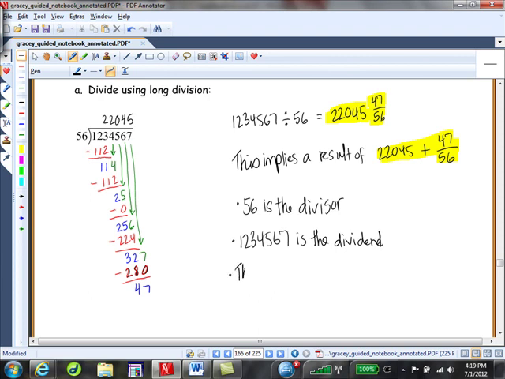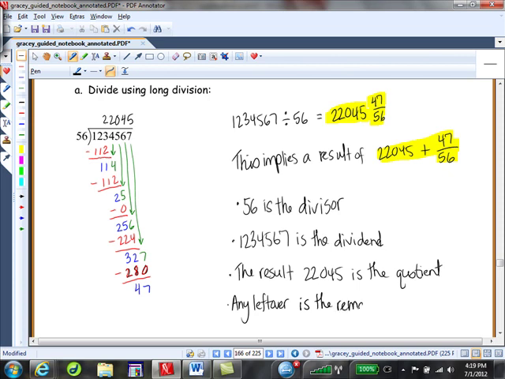The result, or part of the result, 22,045, is the quotient, and then any leftover is the remainder.